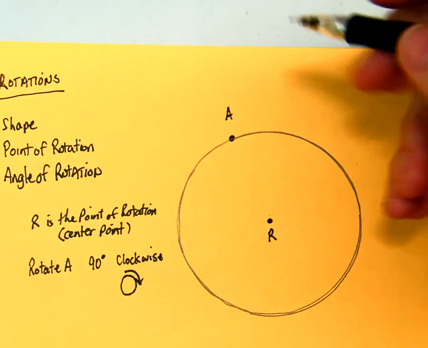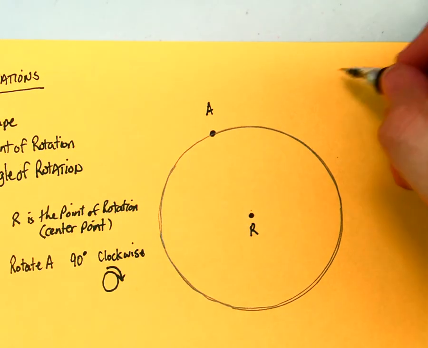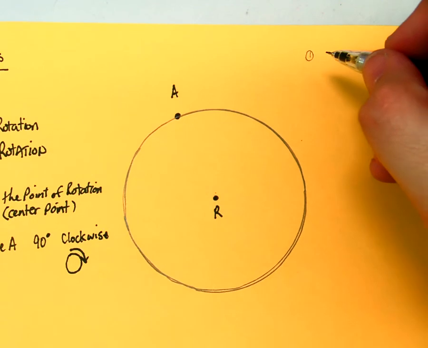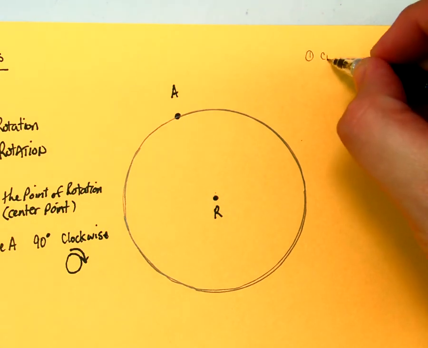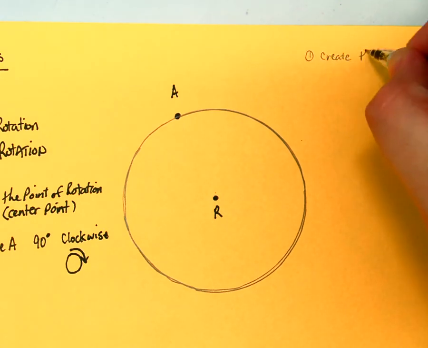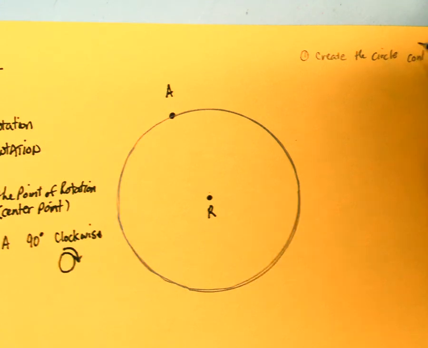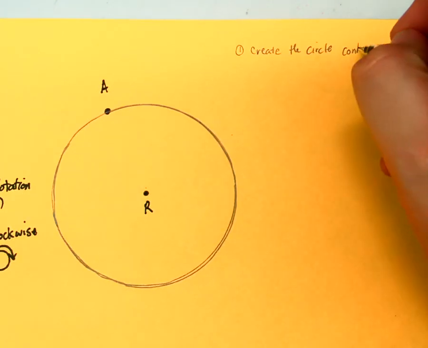So that would be step one. Create the circle containing point A.